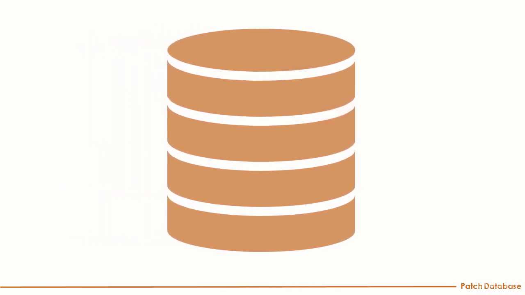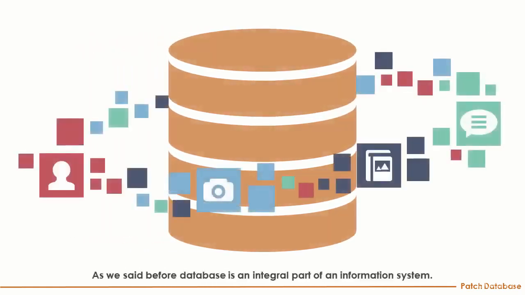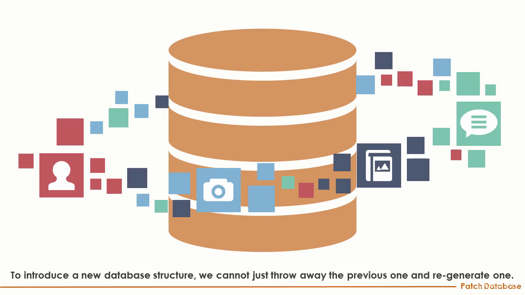As we said before, the database is an important component of your information system. And to introduce a new database structure, you cannot just throw away everything, reinitialize the database, and re-input all the data.